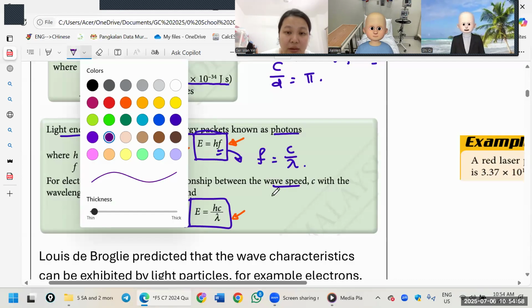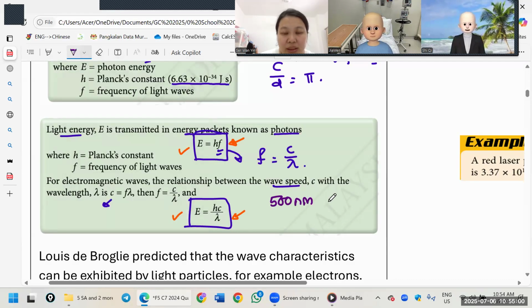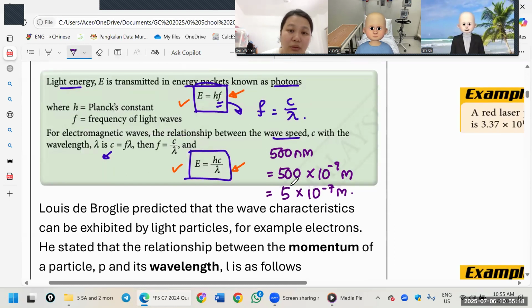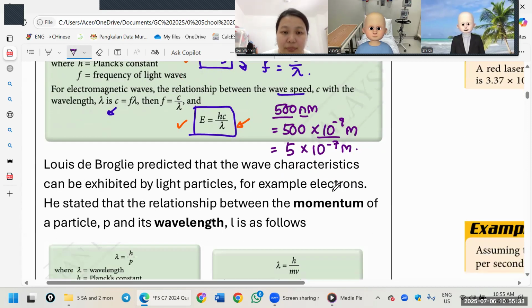The wavelength of light is around 500 nanometers up to 700 nanometers, meaning 500 times 10 to the power of negative 9 meters, or in standard form 5 times 10 to the power of negative 7 meters. It depends on how you press your calculator. With the old style, I change nano to 10 to the power of negative 9, or you just directly press 500 nano, correct?